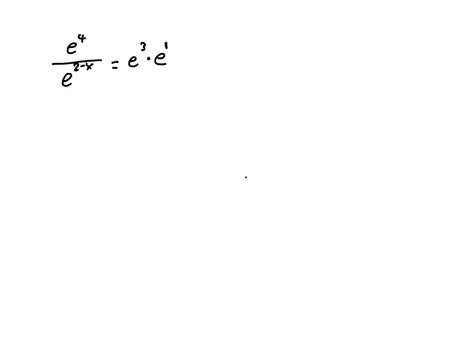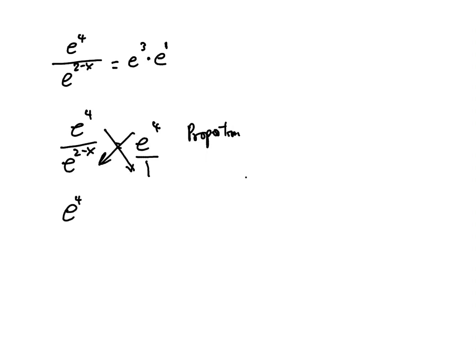So this means e to the fourth over e to the 2 minus x equals e to the fourth over 1. Now if you cross multiply, because this technically is a proportion, you get e to the fourth equals e to the fourth times e to the 2 minus x.